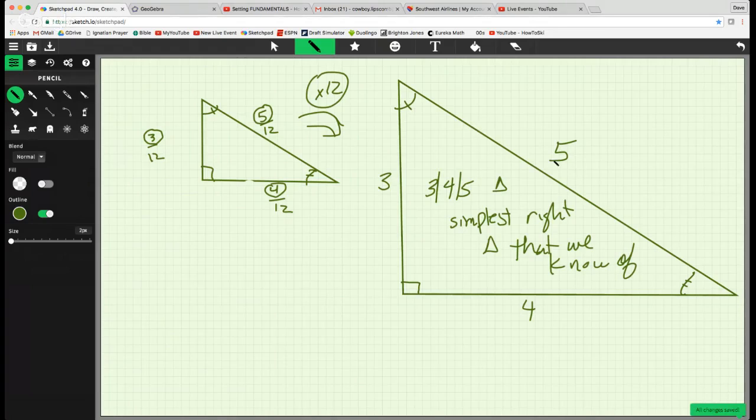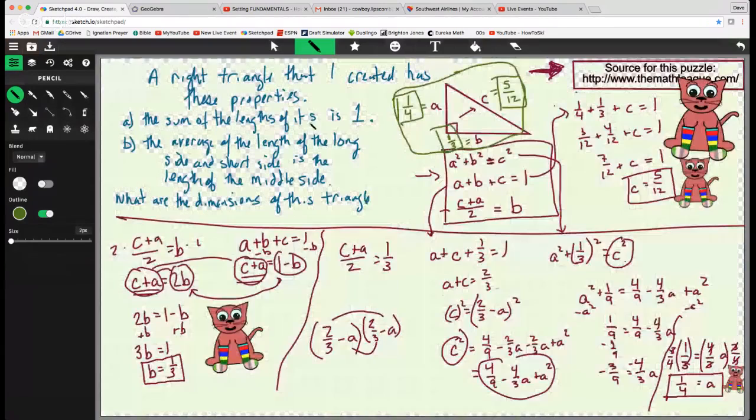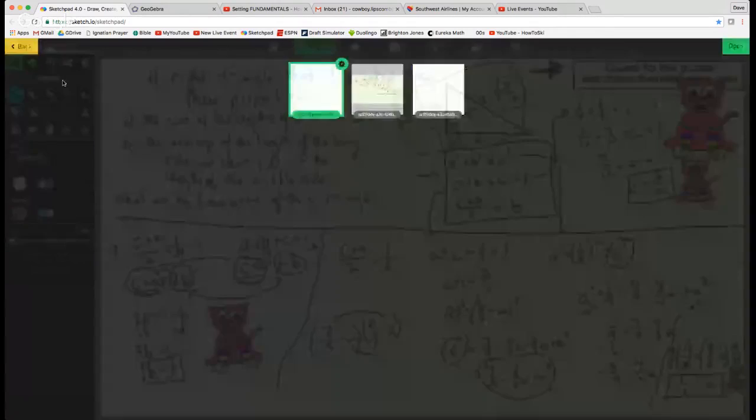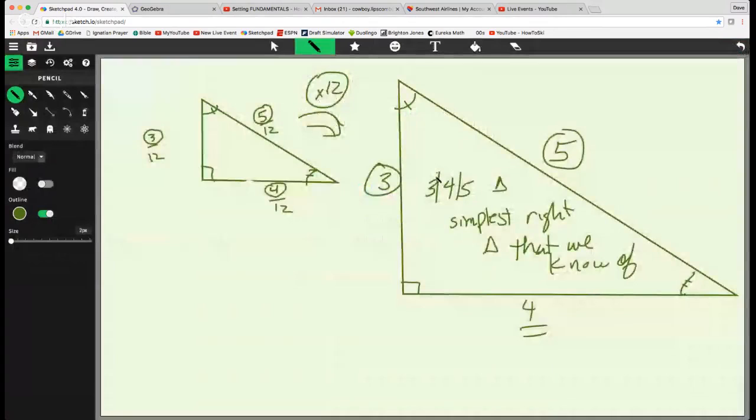And notice, the average of the long and short side is 4. So for those of you who had the keen insight and didn't need to do all of this crazy calculation, the key insight, let's write this down.